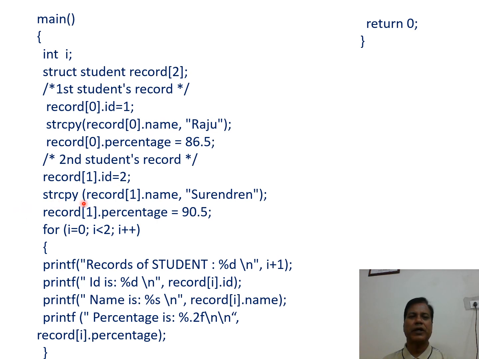Similarly, using the string copy function, record[1].name, the name of the second student, Surendran is copied. So this is the name of the second student. record[1].percentage, the percentage marks of the second student, is 90.5. So these data are assigned to the record of the second student.